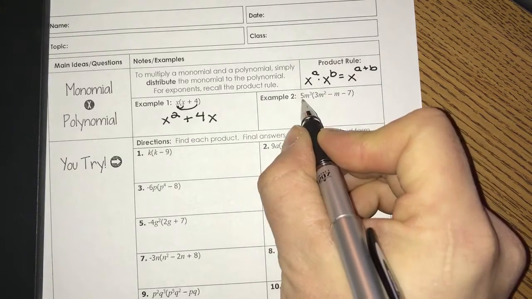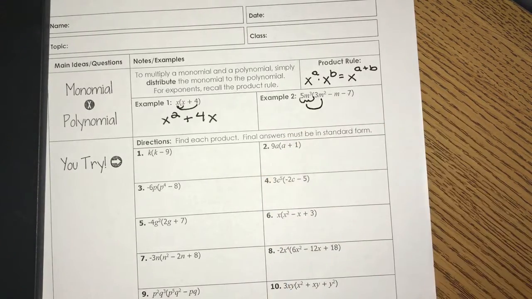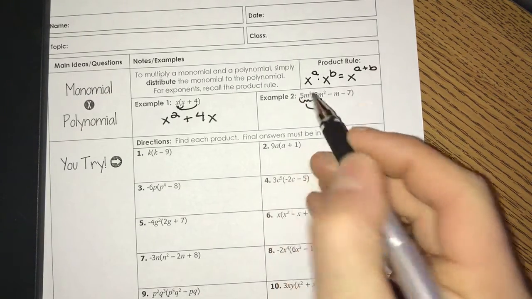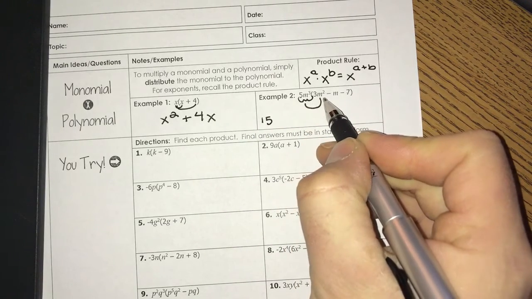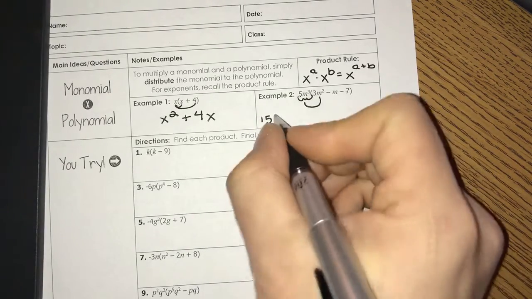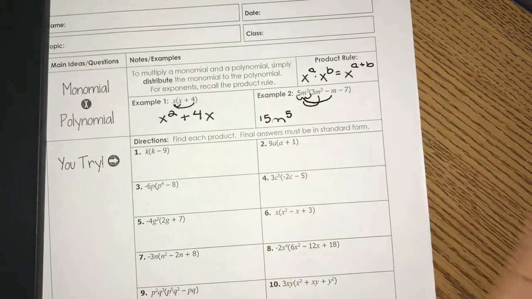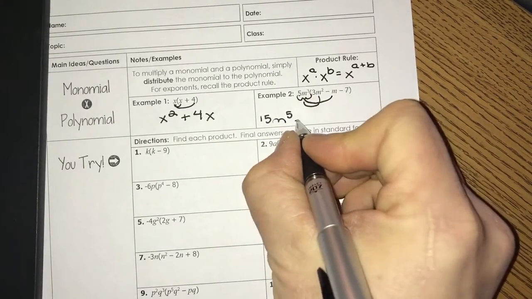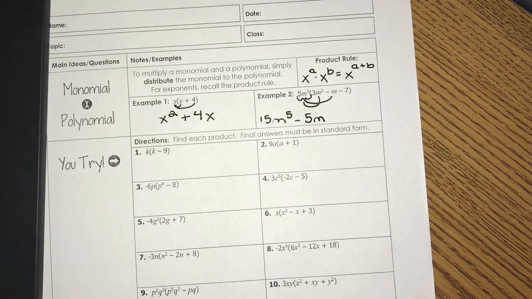Okay, now I'm going to distribute this whole thing through 5m cubed times 3m squared. Well, you have to do 5 times 3, that's 15. And then m cubed times m squared. Is that m to the 5th or m to the 6th? M to the 5th, good, add them. And then 5m cubed times negative m, so that's negative 5m to the 4th.